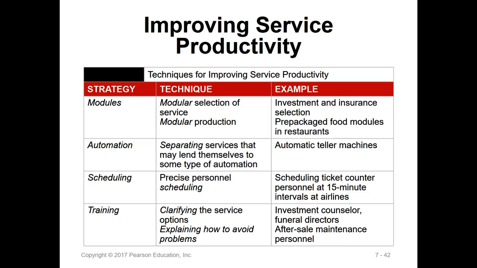Obviously, training is necessary for any of the industries, no matter whether it's the service industry or the manufacturing industry. They all need training to help improve the entire overall productivity.